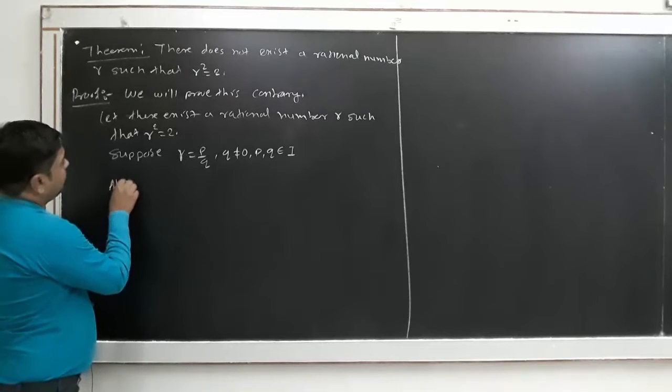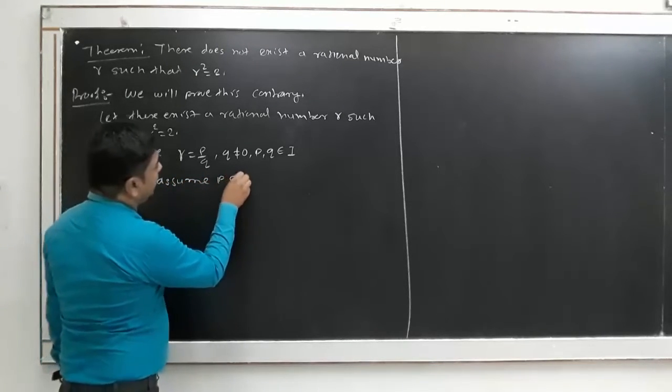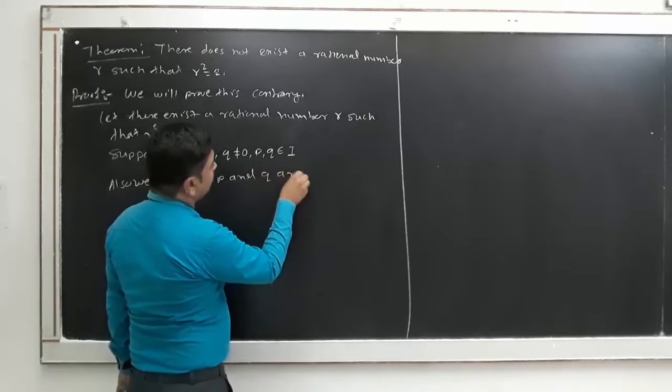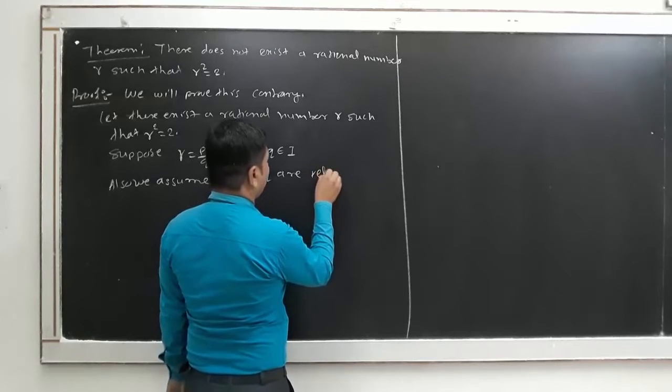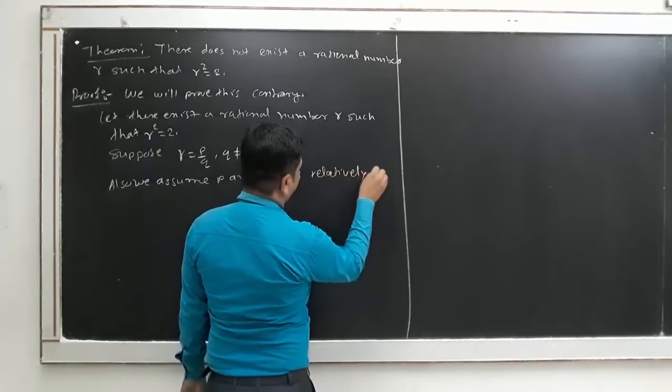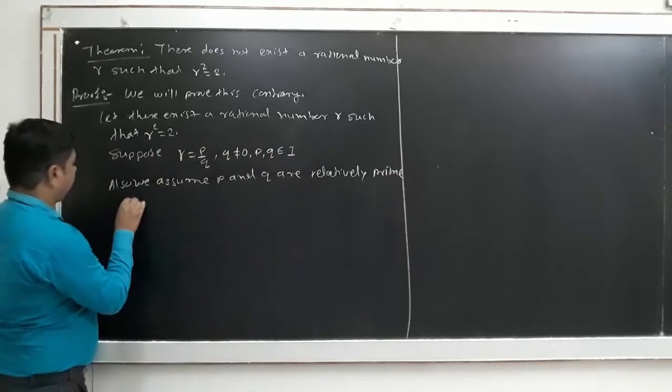Also, we assume P and Q are relatively prime and positive integers.